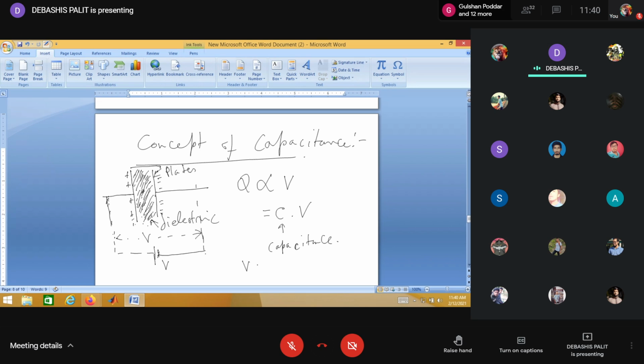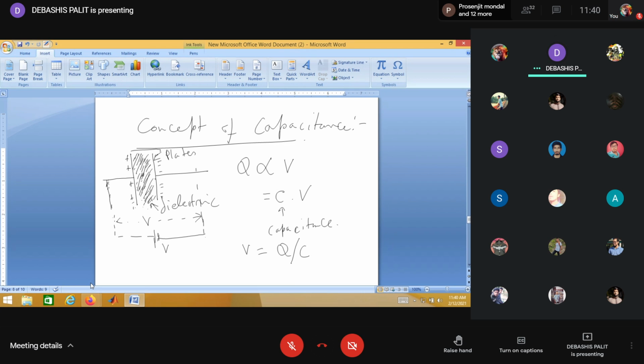So V, the applied voltage, is equal to the charge by capacitance, Q by C. Whenever capacitance is more, then for a specified voltage the induced charge is more. Whenever capacitance is less, the induced charge is less. So capacitance is the capacity of the capacitor to store the induced charge. More capacitance will store more charge and less capacitance will store less charge.